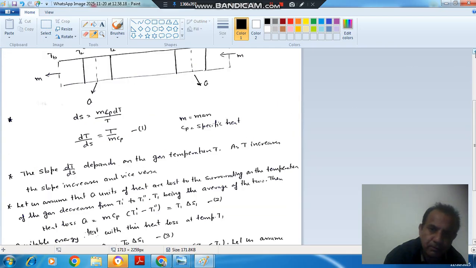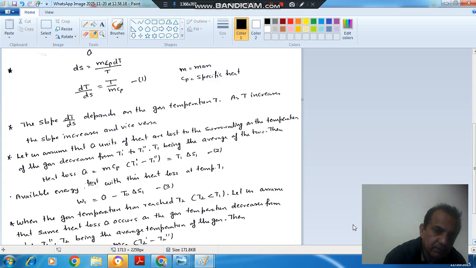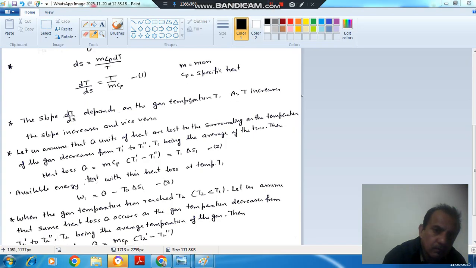The temperature drop in this section is from T1' to T1'', and the average temperature is T1. This can also be expressed as T1 into delta S1. So the heat loss is T1 delta S1 at location 1.